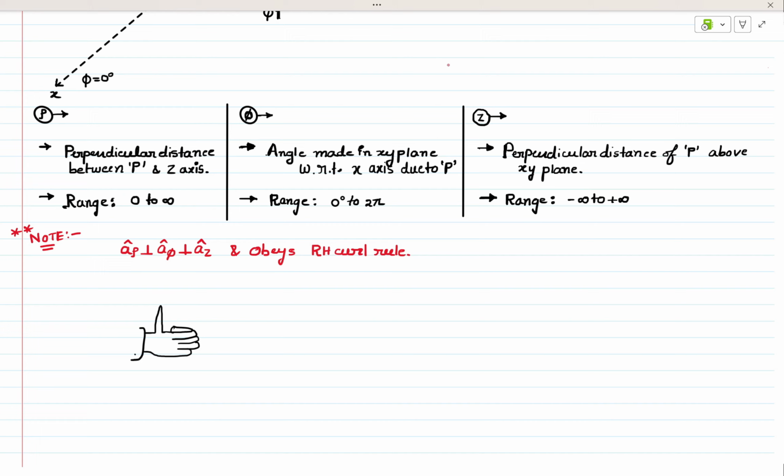Just a minute. Let me draw the three arrows of a rho, a phi and a z.